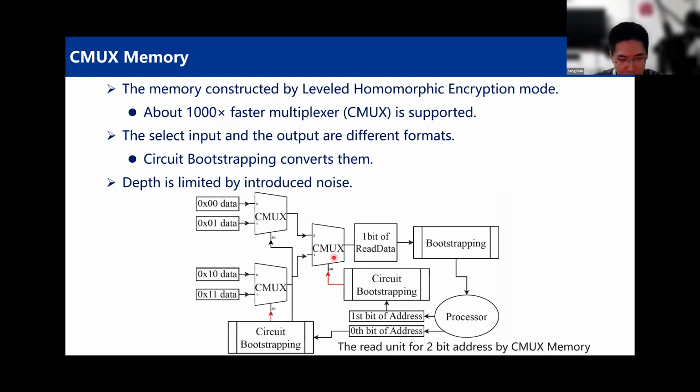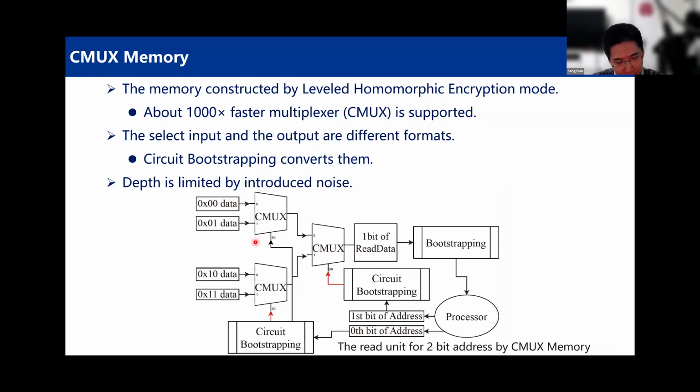But when you're trying to execute the processor, the entire processor is basically based on learning with errors ciphertext. Basically, you just have A and B, where A is a vector and B is one single integer. So you have to execute this thing called circuit bootstrapping to convert the address bit to a selector, such that, based on the address, you can select the data you want to read or write from the memory.